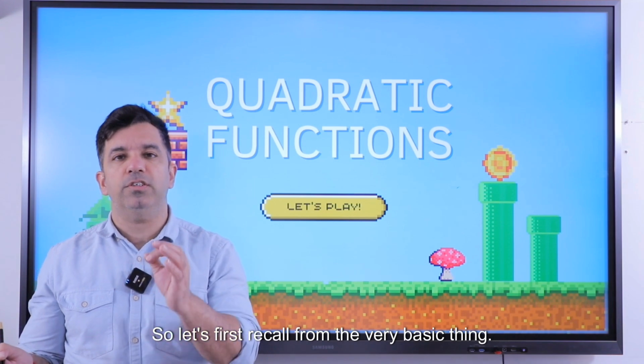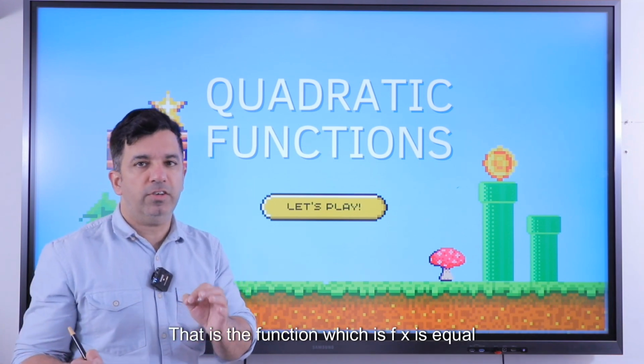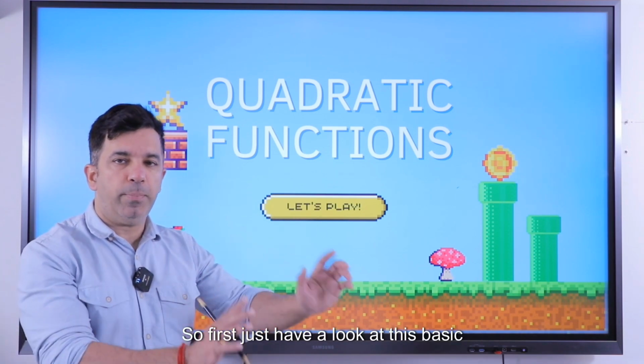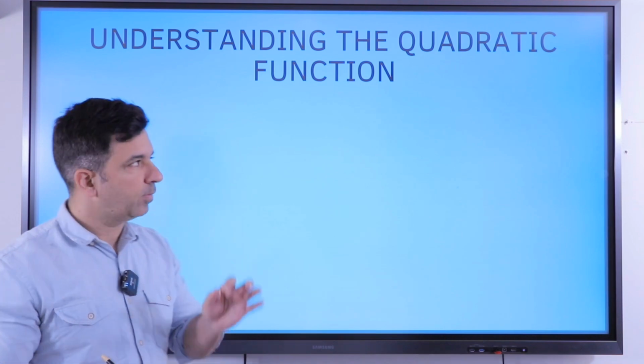So let's first recall from the very basic thing, that is the function f(x) = x square. First just have a look at this basic understanding. Listen to every word very carefully now.